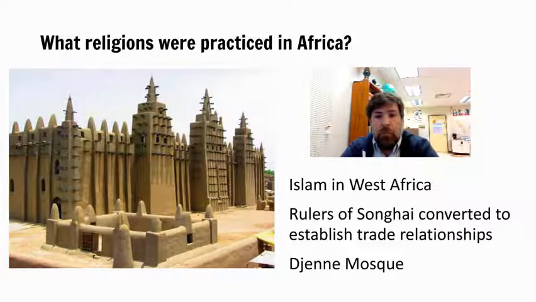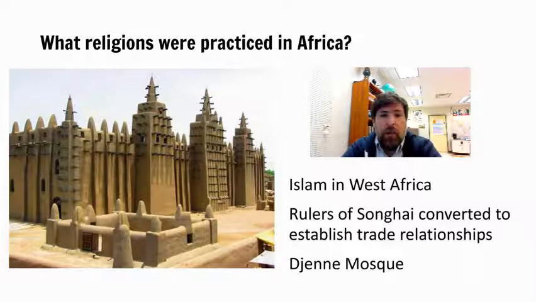And so these rulers convert to Islam, and then they start to get some of the people below them to convert, and over time more and more of the place converts to Islam. Usually, though, they keep practicing animism along with the Islam. The people in West Africa do both.